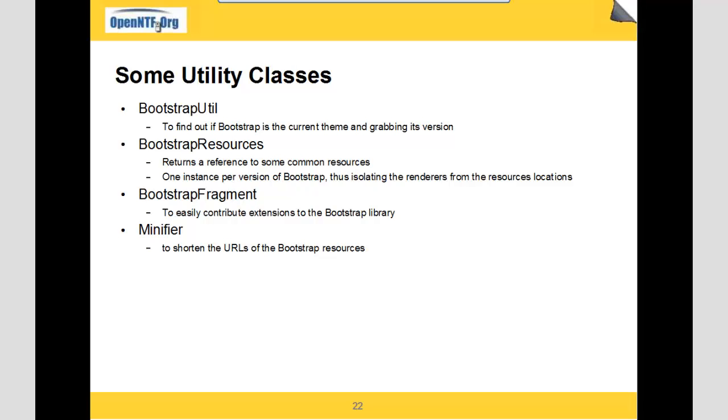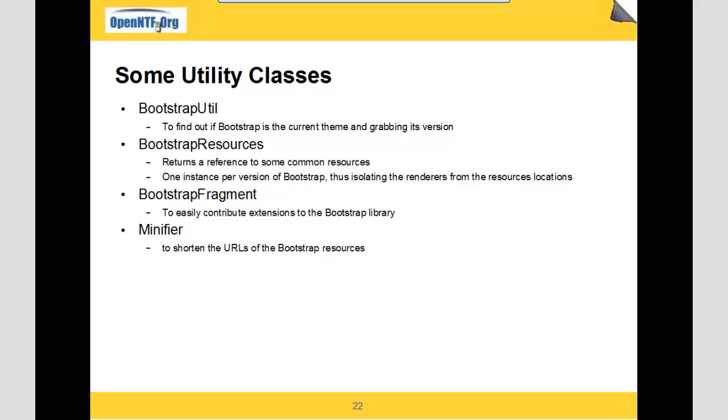And the component is actually using this Bootstrap resources class to get access to these resources without knowing their exact path. So it isolates the components from the different implementations of Bootstrap. With that, you can really have one version of a component with its renderer and have multiple versions of Bootstrap, and then depending on the theme, it will point to the right resource.